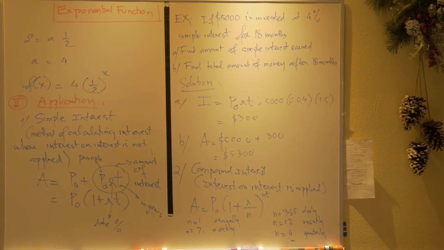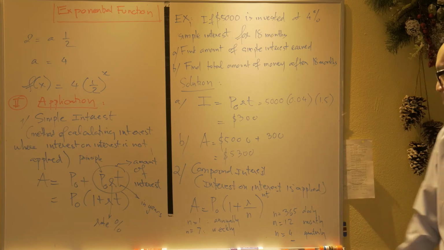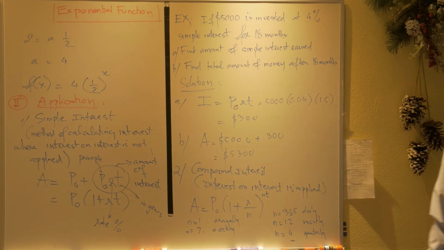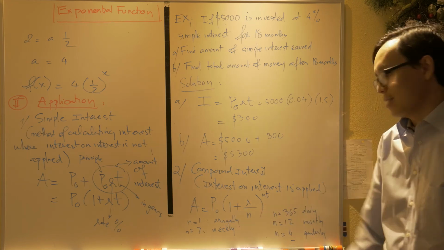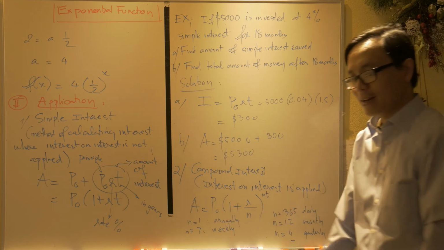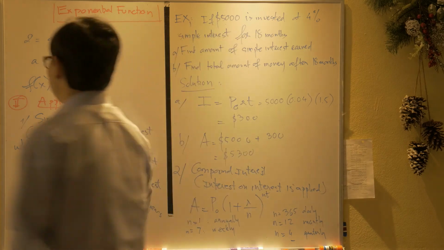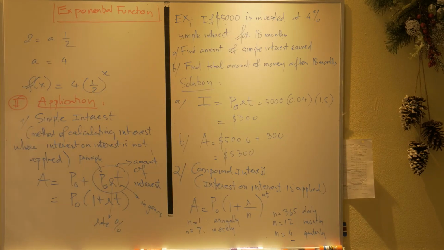I don't know any account that compounds quarterly, let alone daily. I think most accounts, even this money market account, compound annually. So you make a little bit more money than simple interest, but you don't make a lot of money.